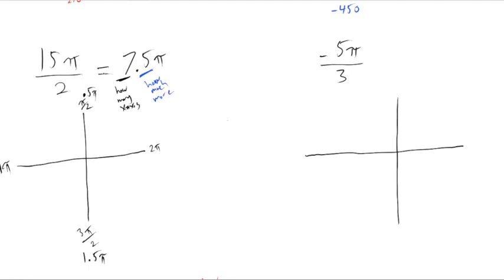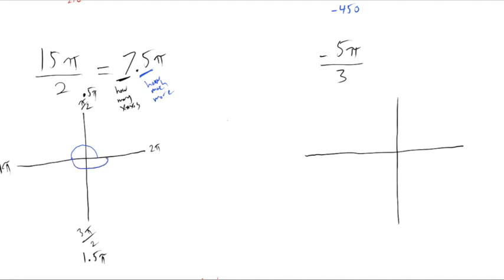So since we're going 7.5 pi, I'm going to touch the x-axis 7 times. Since it was positive, I'm going to start by going up. So here I am on the x-axis. So here's me hitting the x-axis for the first time. So as you can see, this is 1 pi.